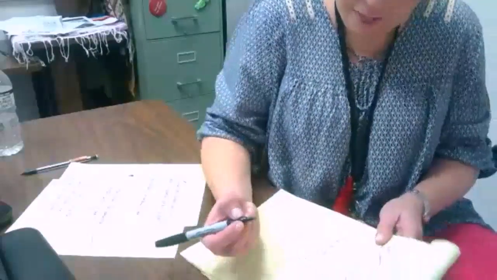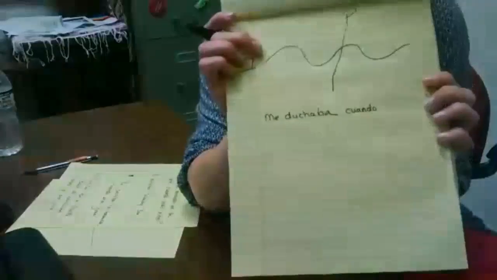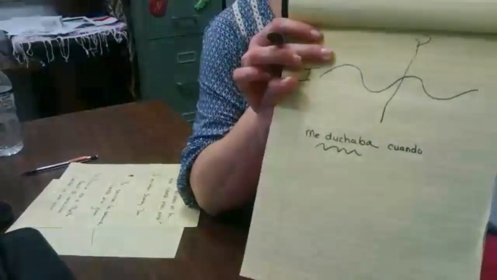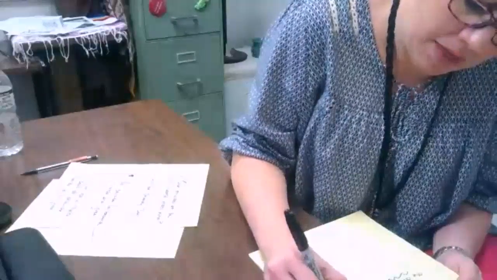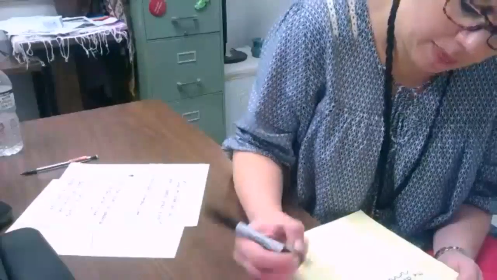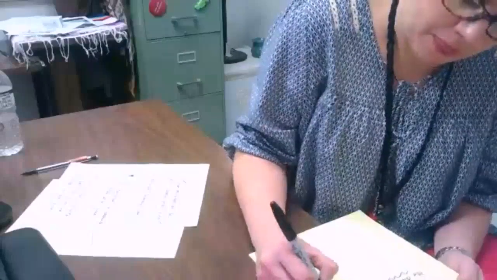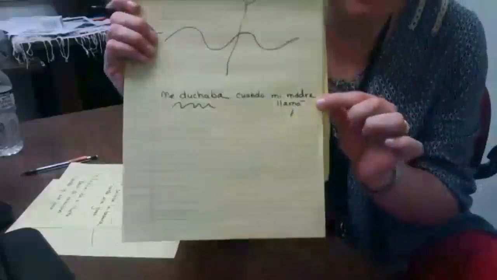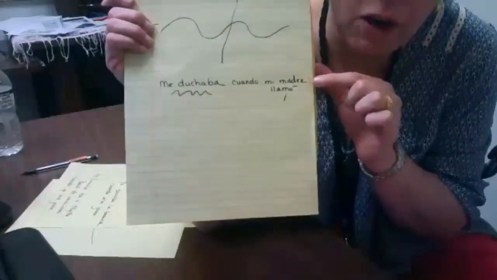So for example, here's our example that I gave you in English. Me duchaba. I was taking a shower. That's my ongoing action. Me duchaba cuando mi madre llamó. And the llamó, when my mother called, that's the ed. That's the completed action. That's the one that interrupted my ongoing action.